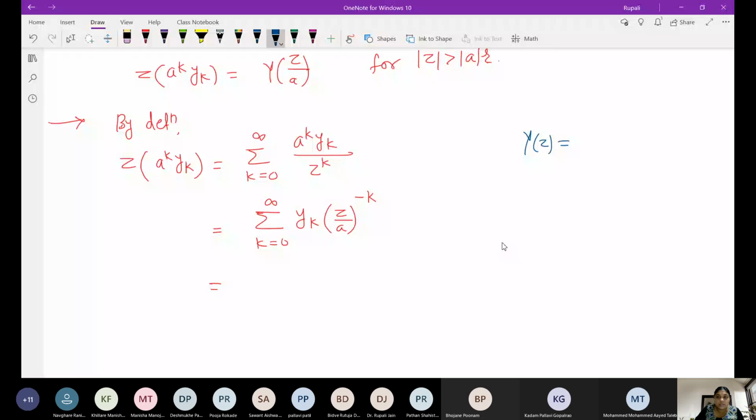So by definition, this is summation k equal to 0 to infinity yk divided by z raised to k, or you can say summation k equal to 0 to infinity yk z raised to minus k. Whenever here z raised to minus k, now here z by a raised to minus k. So this is nothing but capital Y of z by a.